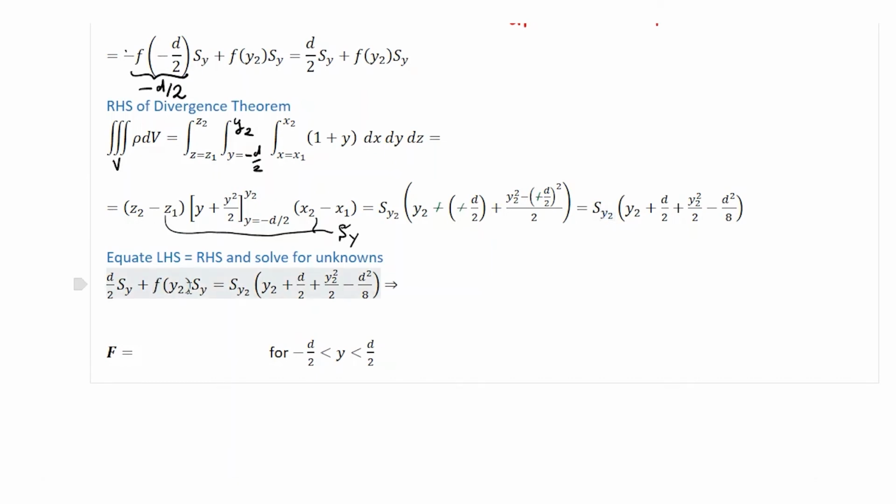Let's solve for F of y2. So you have F of y2 equal to, Sy cancels. And then we get y2 plus d over 2. The d over 2 actually cancels as well.